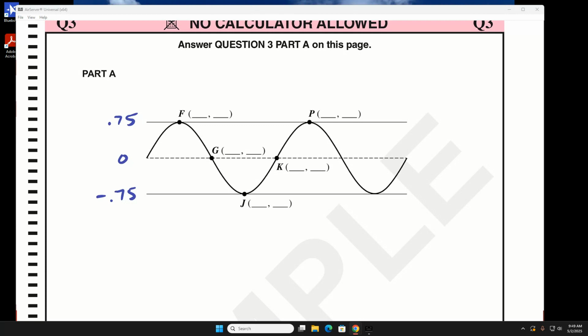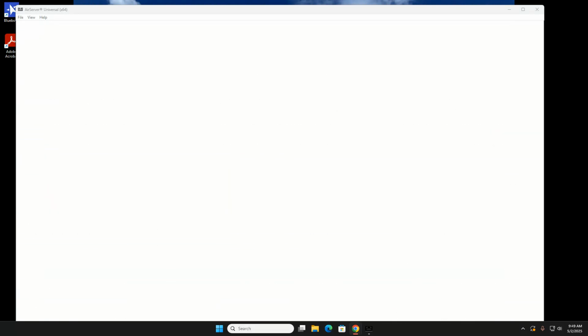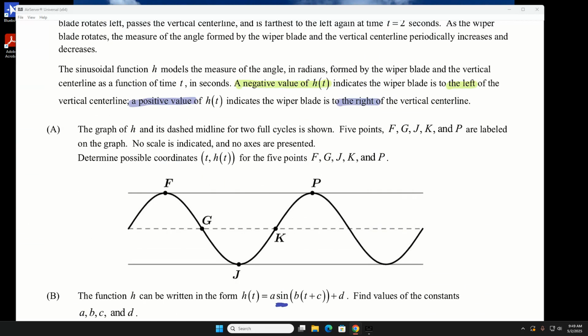So on your note sheet, it does say something like the vertical heights are going to be equally spaced, and that is true. They will be the same distance in between them. That's important. Okay, and then we probably want to find the period. Sometimes it helps to find the frequency, but I think on this one, I wouldn't worry about the frequency. We're just going to do the period.